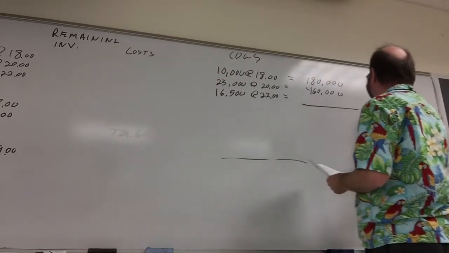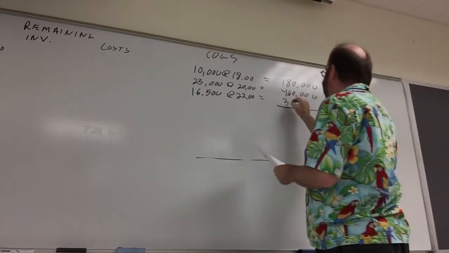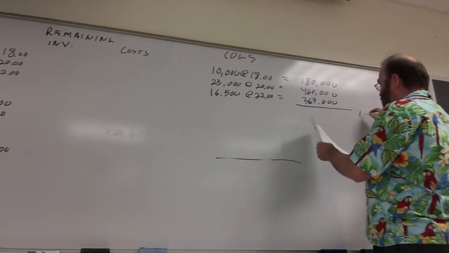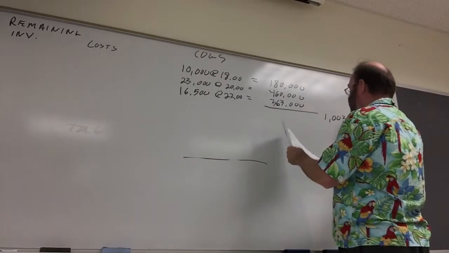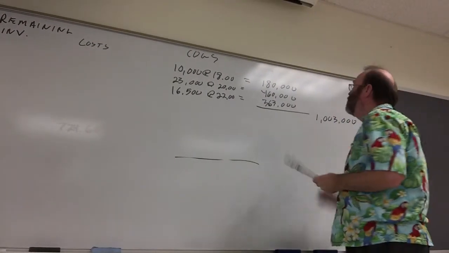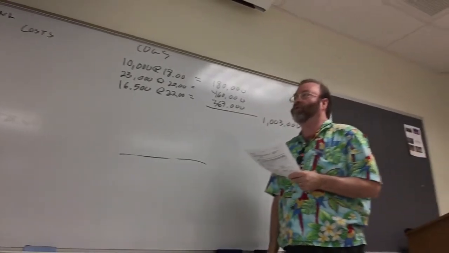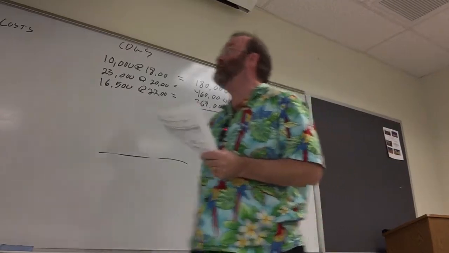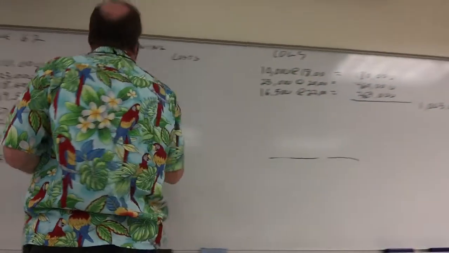Yeah. 363,000. Thanks. And that's a total of 1,003,000 for cost of goods sold for that first sale. What does that leave us in ending inventory?